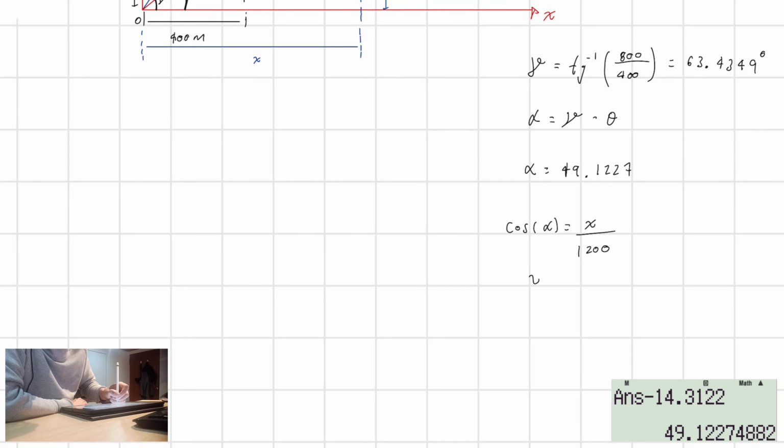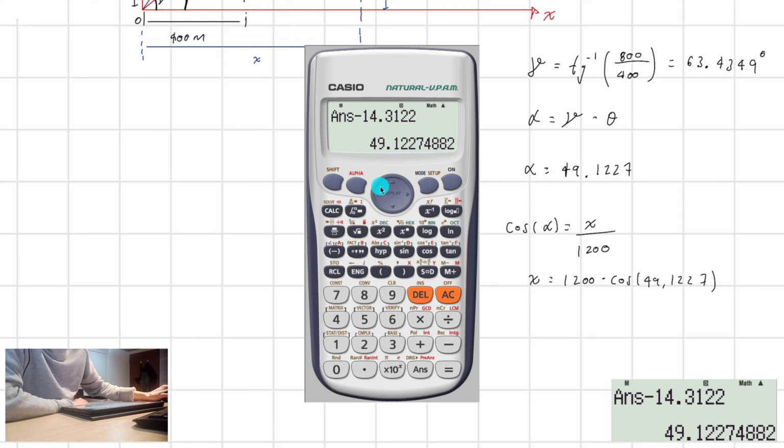Now, x is going to be equal to 1200 times the cosine of 49.1227. I'm going to save this and the b apart.